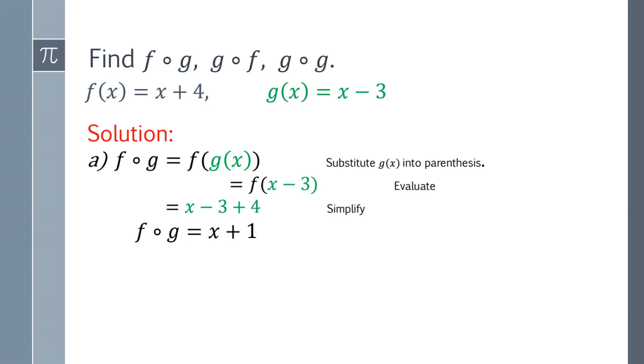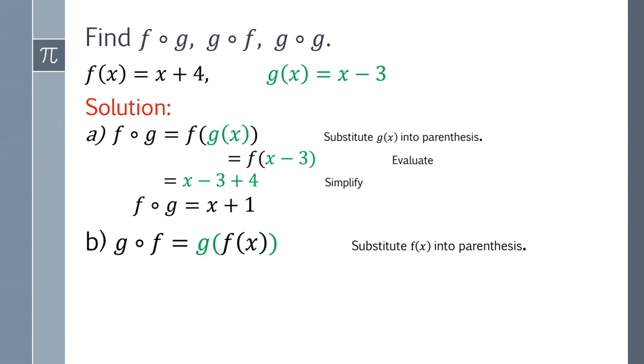Okay? So let's practice some more. If you see on this one, B, now we switch the order. Now this problem is saying g composed of f. I like to rewrite it in this format: to function g, I'm going to put in function f of x.